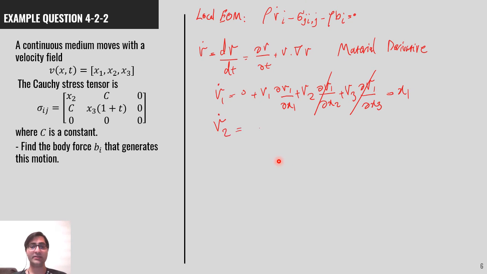The same basically for v2 dot, which becomes x2, and also the same for v3 dot, which becomes x3.